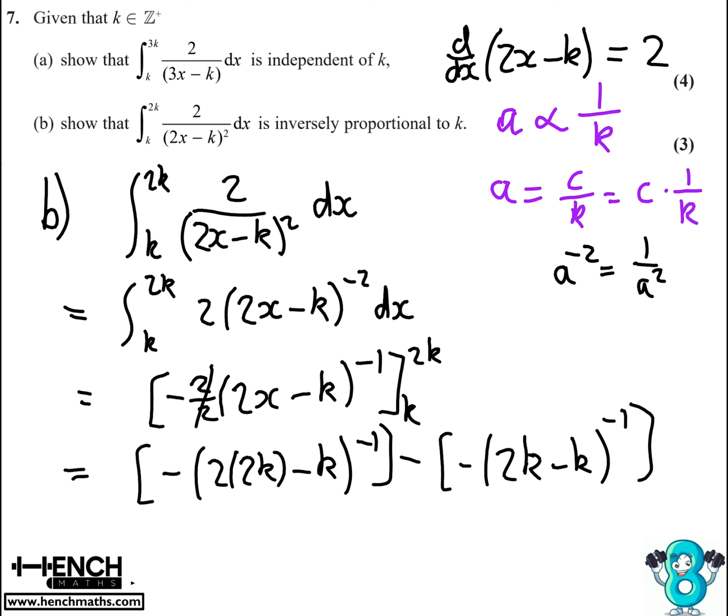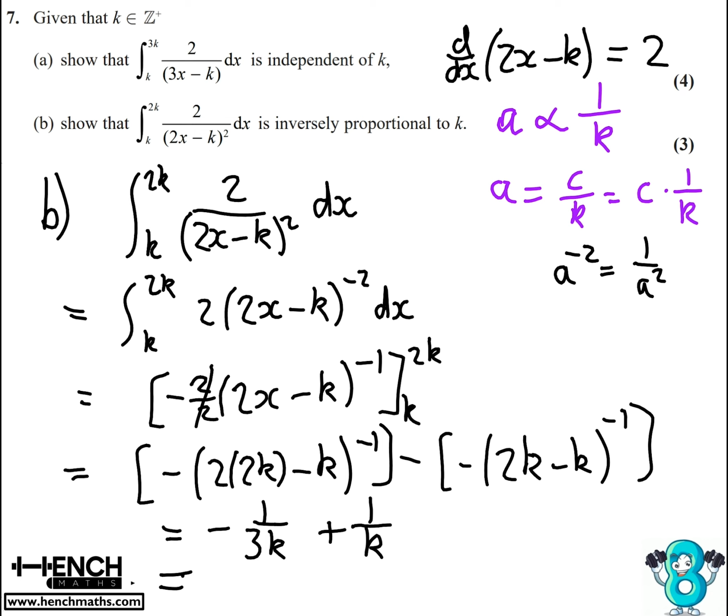So let's simplify this. We've got 4k, subtract k, so that's 3k. 3k to the power of negative 1 will be 1 over 3k, so we get negative 1 over 3k. And then we have 2k subtract k is k. k to the power of negative 1 is 1 over k. So we get negative 1 over k, but we've got the double negative, so it's going to be plus 1 over k.